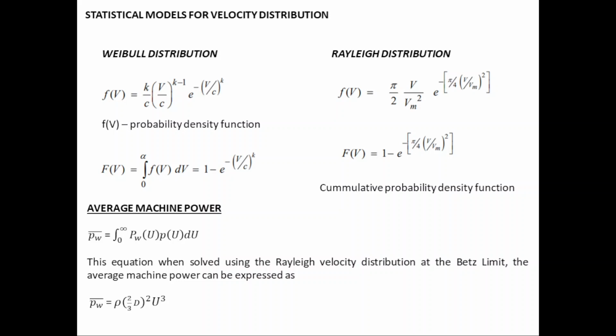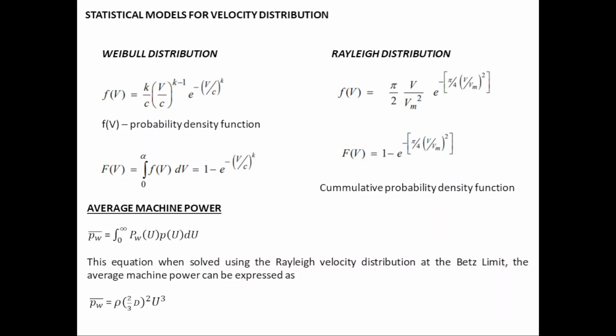So that is called the cumulative one. You keep adding up the time for all the velocities which are equal or less than your v. That is given by the capital F of v.